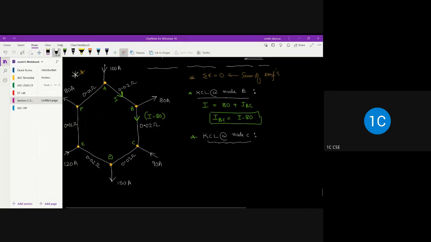Similarly, at node C, I will assume the current flows from node C to node D. So when I apply KCL at node C, I have an incoming current, which is IBC. Then I have a second incoming current, which is 90 amperes. And then I have the outgoing current, which is ICD.